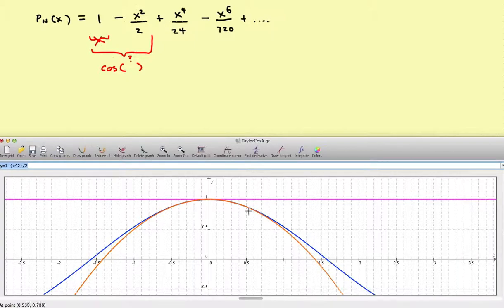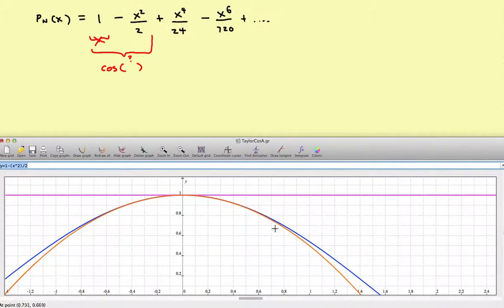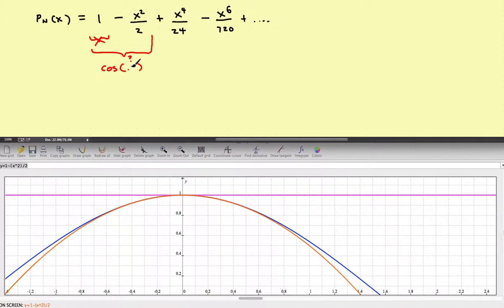And just looking at it, and we can zoom in here a little closer, I'm going to guess somewhere around 0.5. So if you wanted a reasonably accurate estimate of the cosine, you could go out to about 0.4 or 0.5. Let's just suppose we went to 0.5. We'll push it. So using a second order polynomial, you can get a fairly accurate answer out to about 0.5.